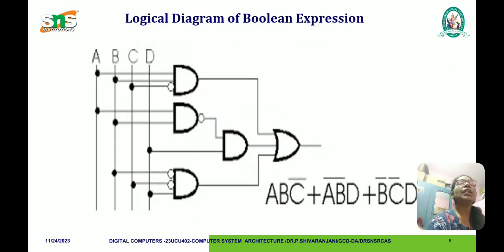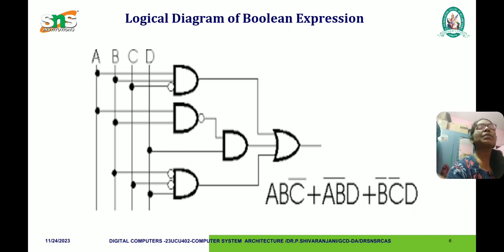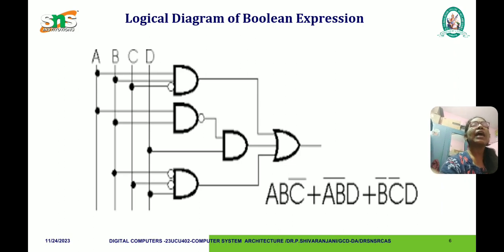Here we will consider a simple logical diagram for a Boolean expression. In the Boolean expression we can see that we have 4 inputs named A, B, C, D, and A dot B dot C. If it is a dot, it will be represented by an AND gate.